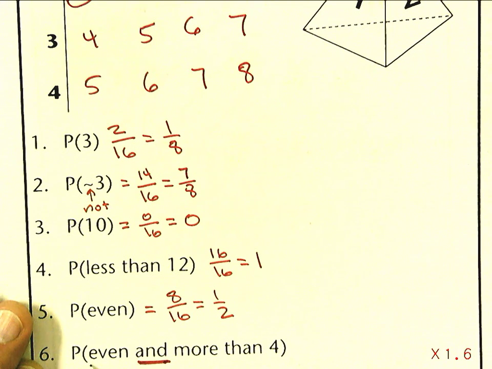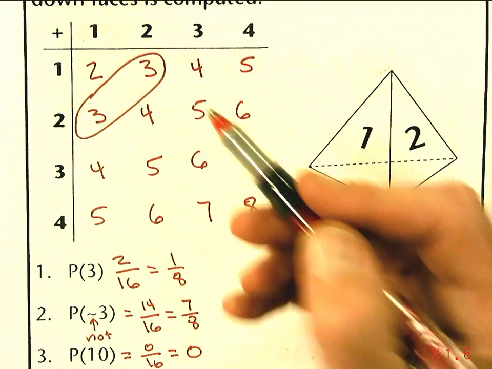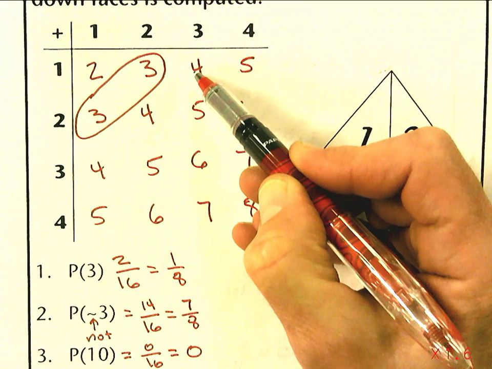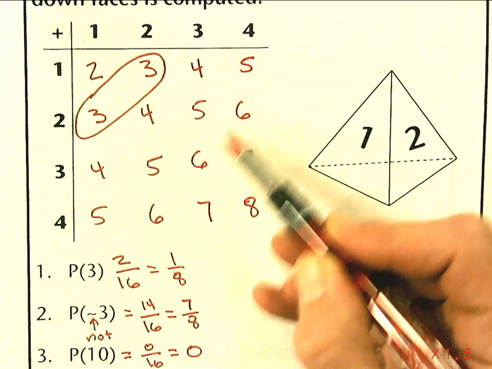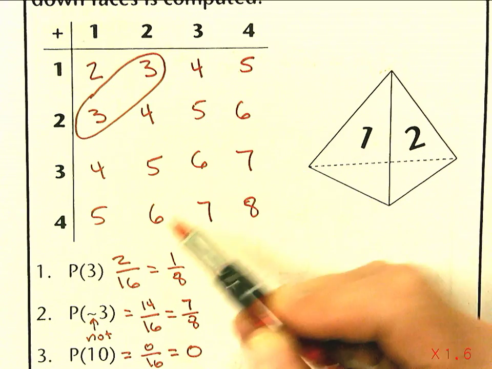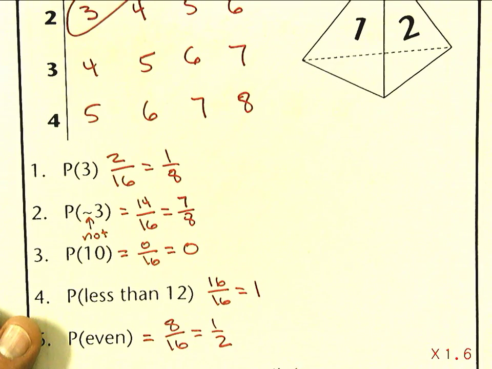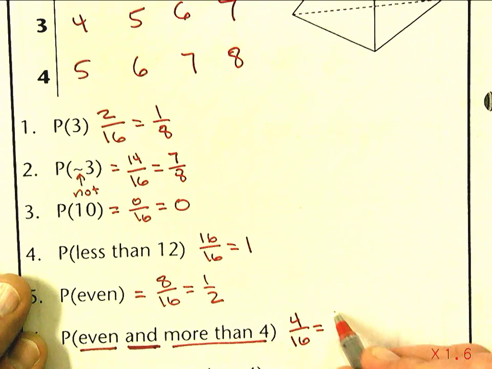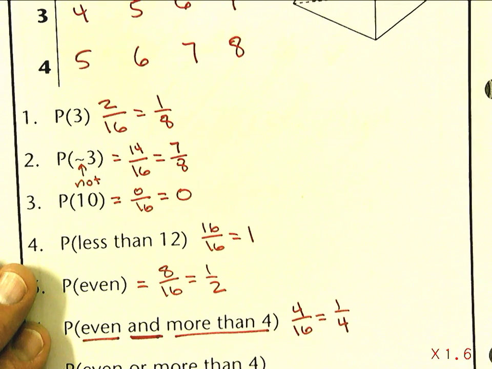So if we want something that's even and more than 4, we look for even ones that are more than 4. That one doesn't count because it's not more than 4 even though it's even. And none of the 4s count because they're not more than 4. The first ones that count are the 6s, 1, 2, 3, and the 8 are even and more than 4. So 1, 2, 3, 4 of the 16, which is 1/4 of the outcomes, are even and more than 4.